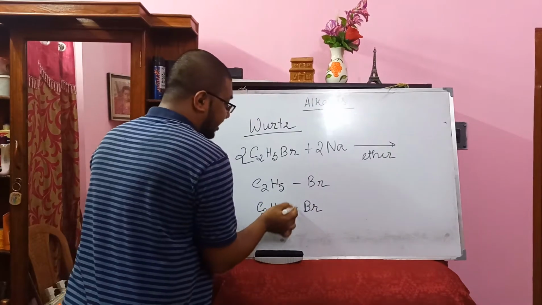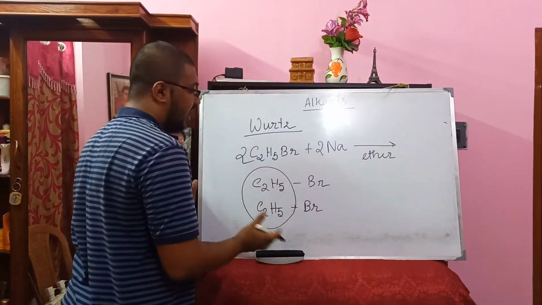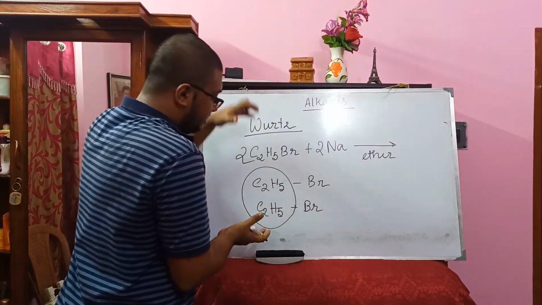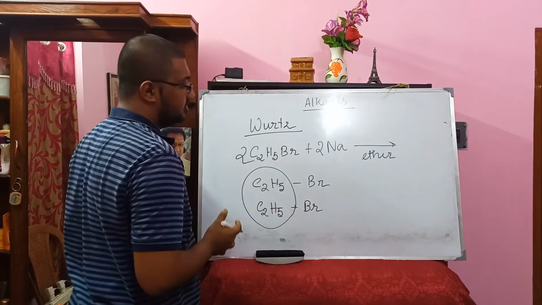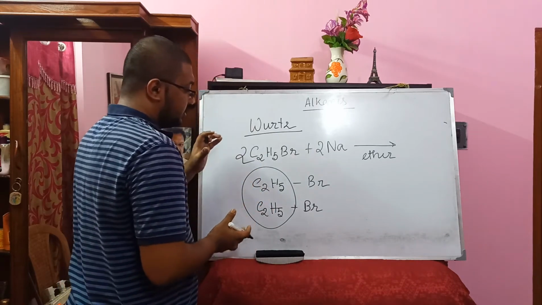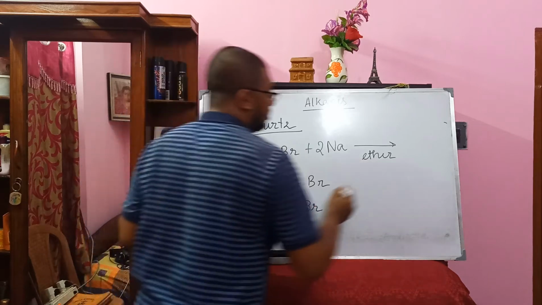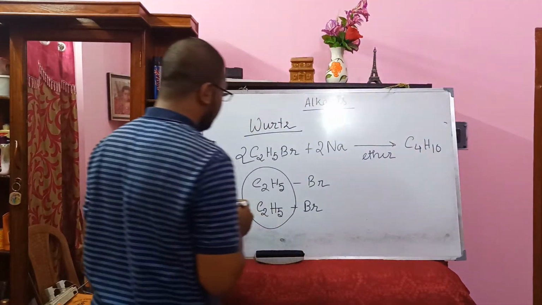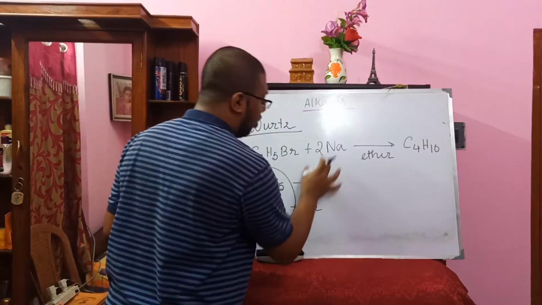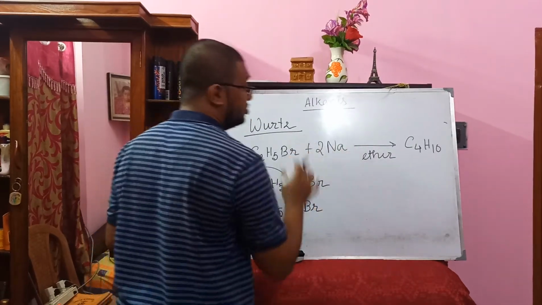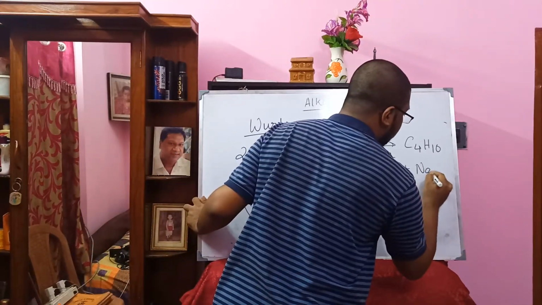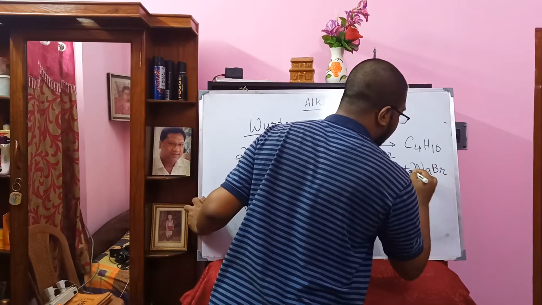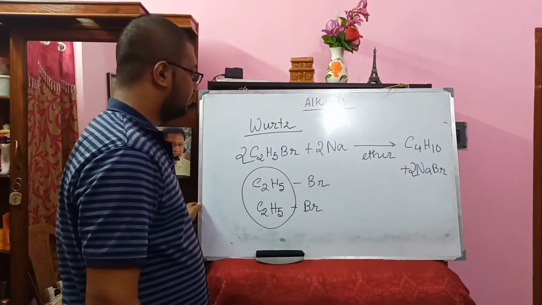So this C2H5 and C2H5 will join together, and the thing that you get is C4H10, that is butane. And this bromine will join with sodium, this bromine will join with sodium, and you get 2NaBr. This is the Wurtz reaction.